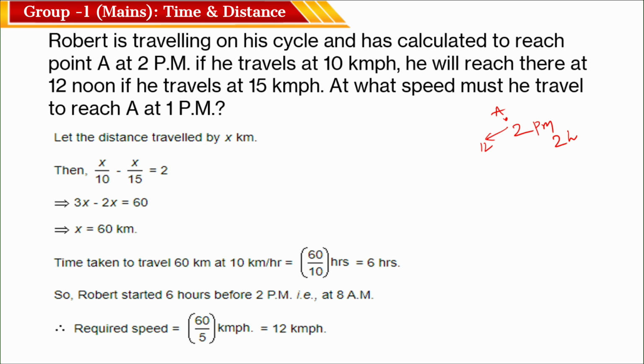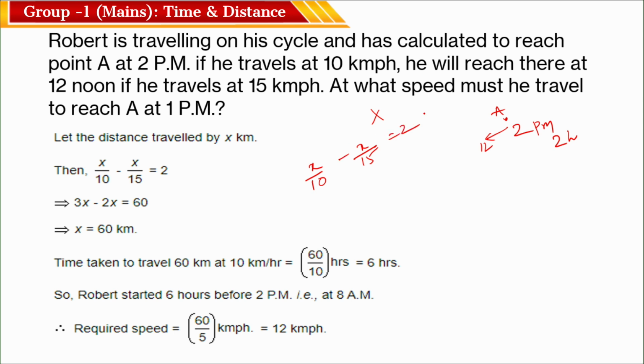Say the distance is x, understand? So, when he uses the speed 10 kilometers per hour, the time taken to cover the distance is x by 10. When he increases speed to 15 kilometers per hour, the time taken to cover the distance is x by 15, and the difference between these two, x by 10 minus x by 15, is 2, correct.